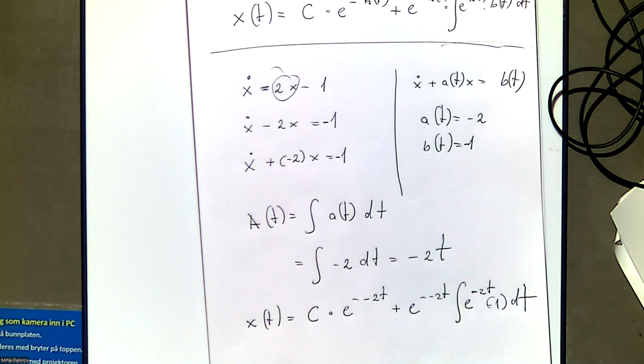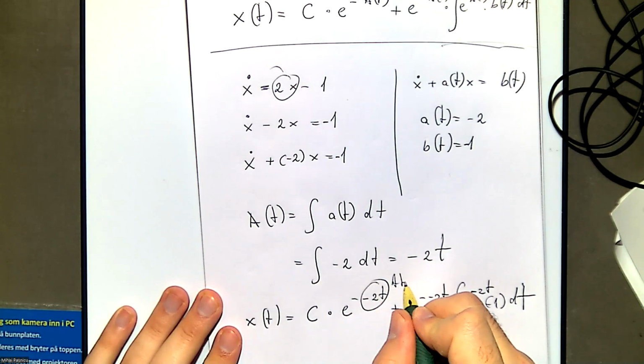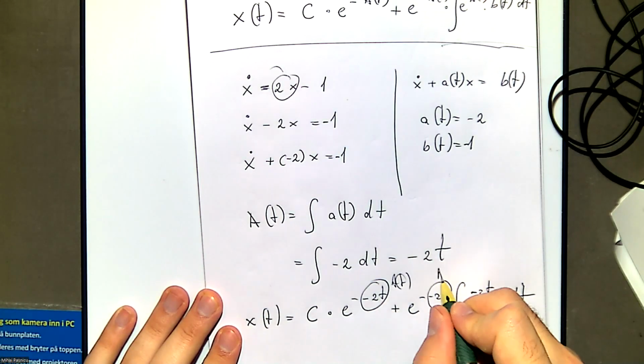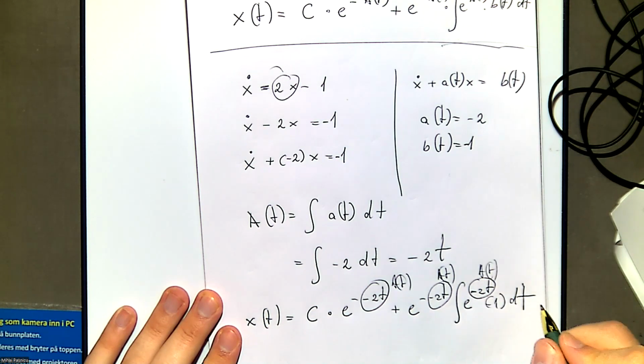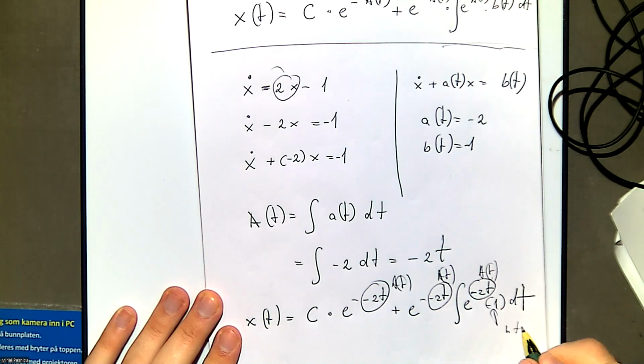Okay, so I immediately just plugged in the formula. Just so we're clear, this is A(t), this is A(t), A(t), b(t).